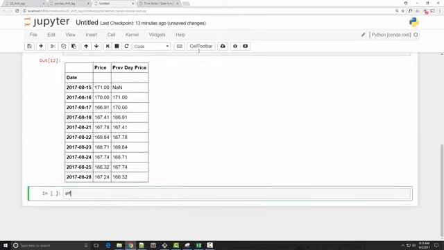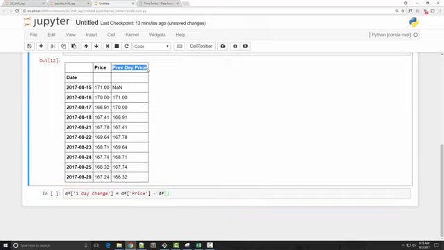Using this new column, now it should be easy to calculate the price change in 1 day. So what you need to do is just subtract the previous day price from today's price.